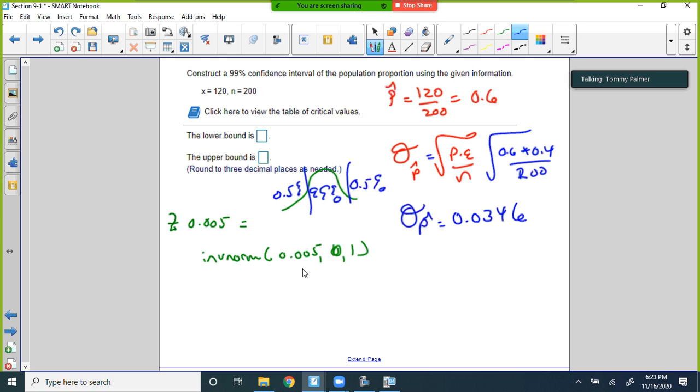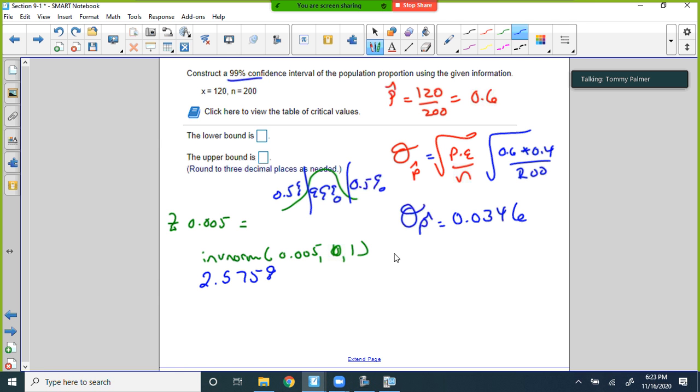So if we do inverse norm of that, that'd be 0.005. You don't have to worry about the mean and the standard deviation, it's already set as 0 and 1 in there. Hit enter, and that is 2.5758. So for a 99% confidence interval, there's my Z.